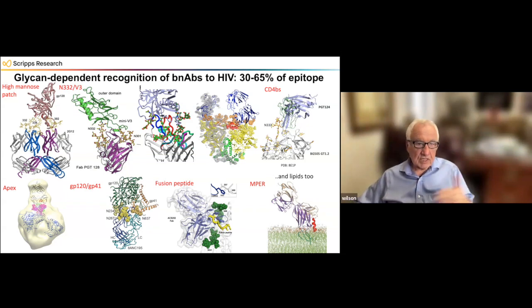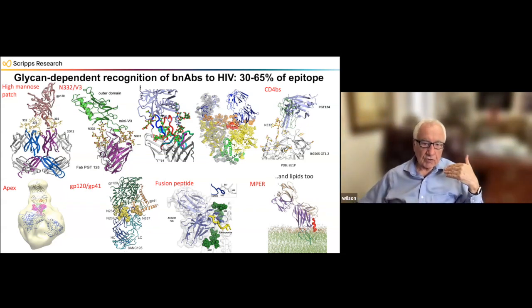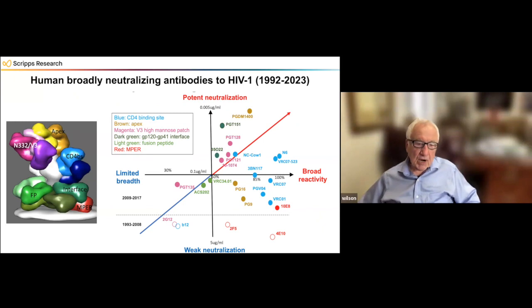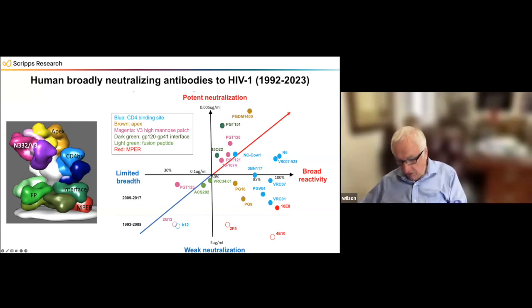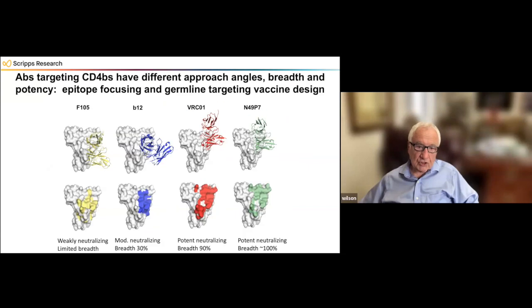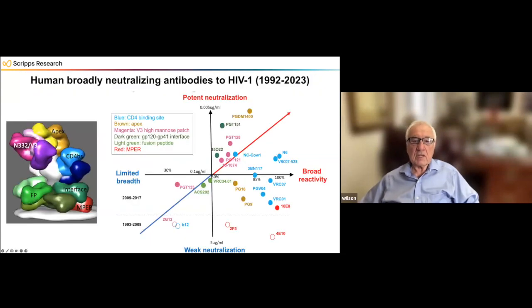But the good news is that as we've gone on over the years, prior to 2008, when there was a revolution in the way B cells could be isolated, we had a number of antibodies which were basically not very potent. Some of them had extreme breadth, particularly ones down to the stem region here.